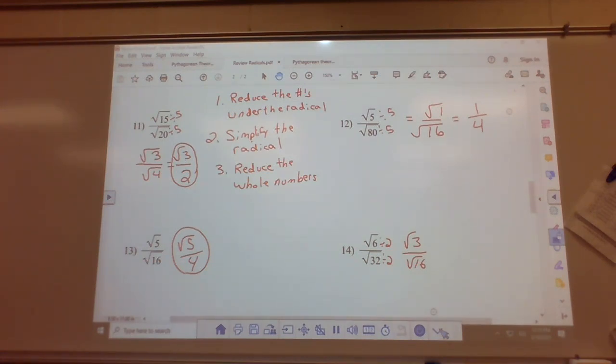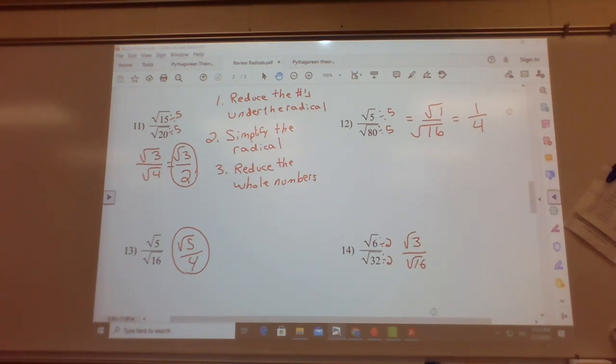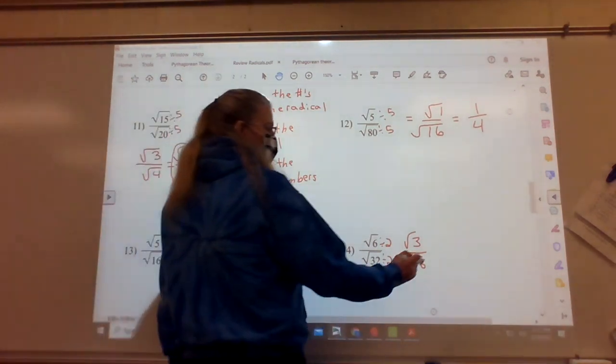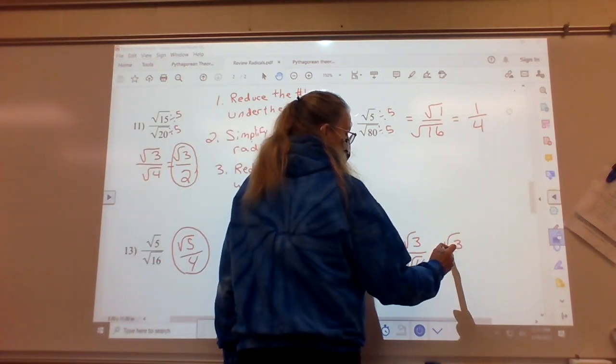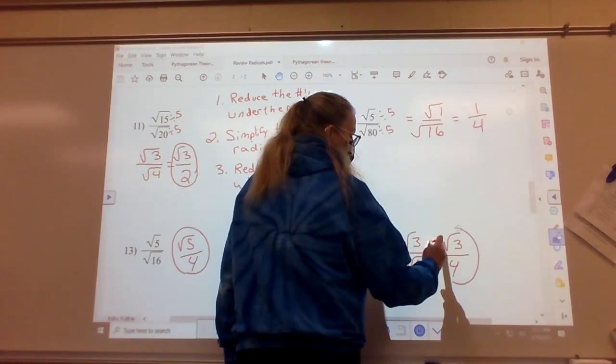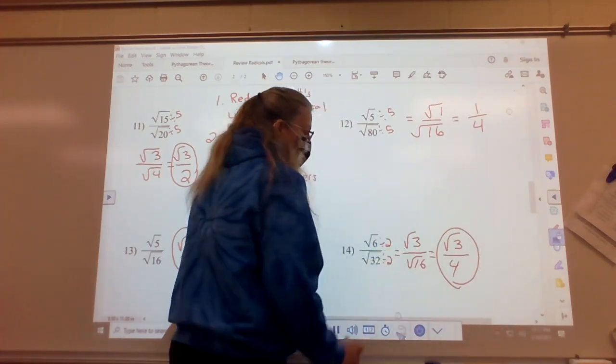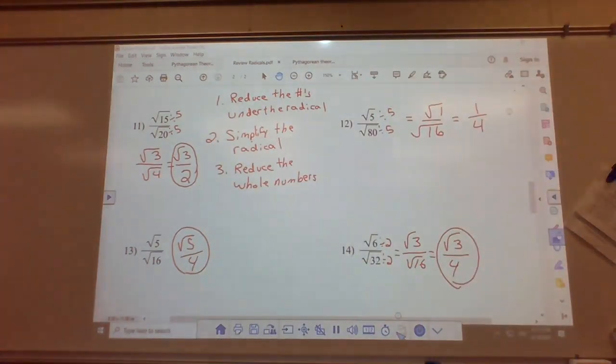So can I simplify radical 3? Can I simplify radical 16? Yes, it changes into 4. And that's my answer. We good? Any questions? Slide on.